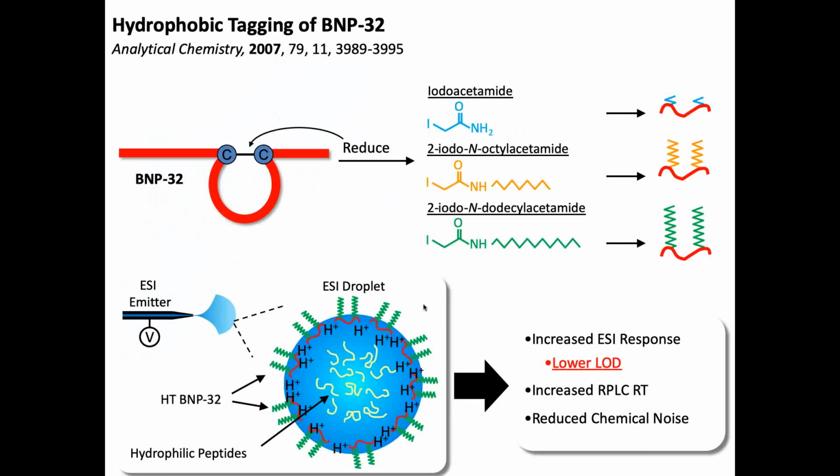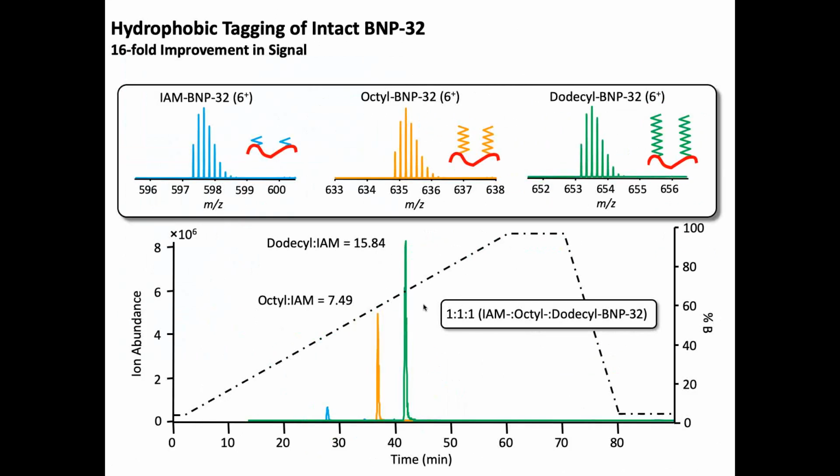This is just some of the early work with proteins that shows you can use iodoacetamides. This is an old molecule that we've worked with. I don't want to run out of time, but this is how we got started doing derivatization in an old lab with proteins and peptides. Same kind of concept: if you put something with higher and higher amounts of carbon length on it, you're going to see an advantage in terms of electrospray response.